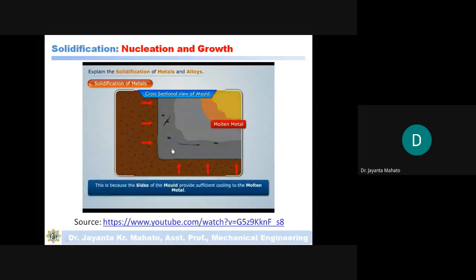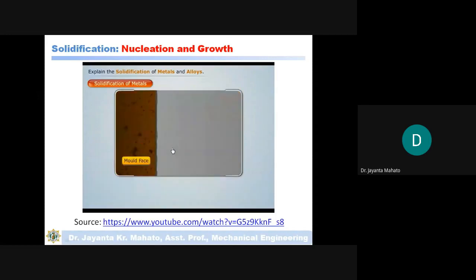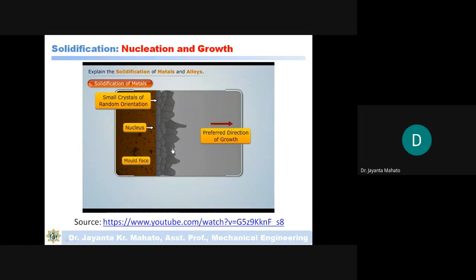This is because the sides of the mold provide sufficient cooling to the molten metal. After some time, we see that the molten metal solidifies in the form of randomly oriented crystals. The region where the crystals are formed acts as the production area and is called the nucleus. When the molten metal solidifies further, we see that the shape of the crystals changes to long columnar crystals.